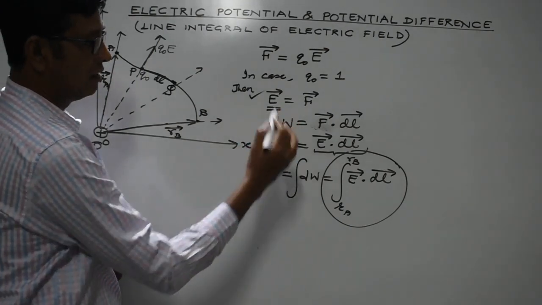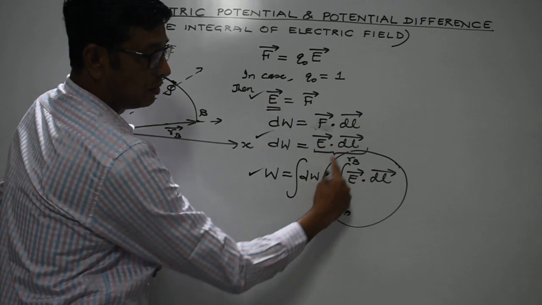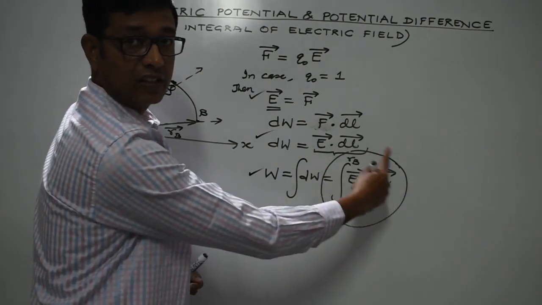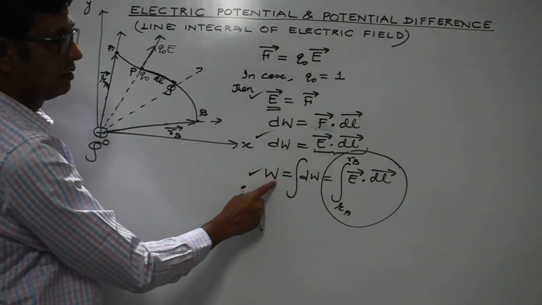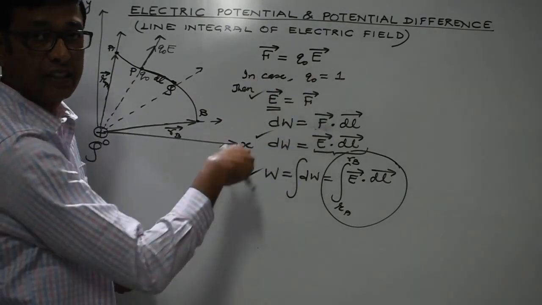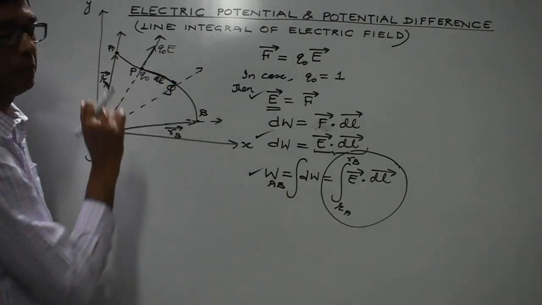This is the second. Third, the integration of E dot dl. This term is known as the line integral of electric field, and it represents the total amount of work done per unit positive test charge in moving it from point A to point B.